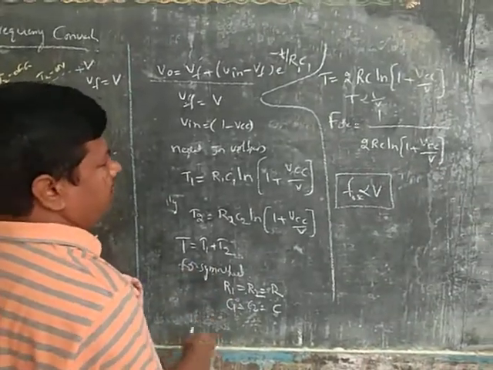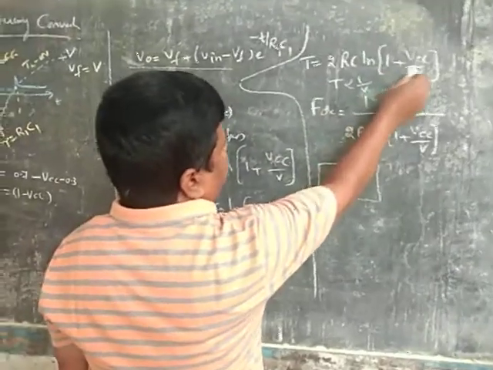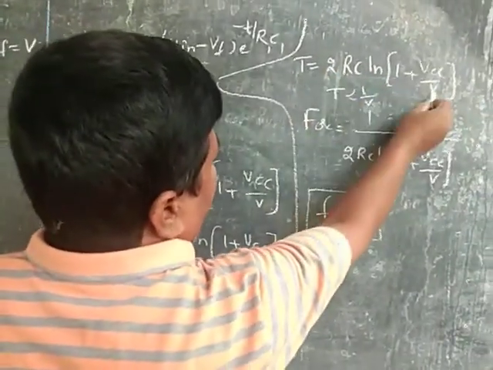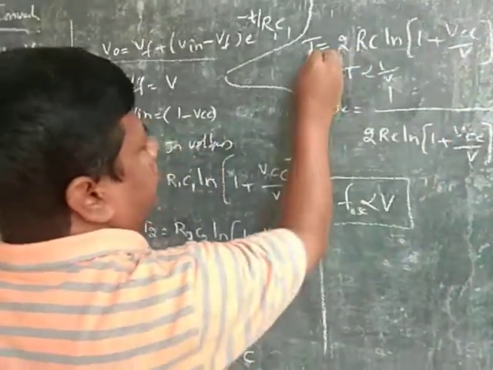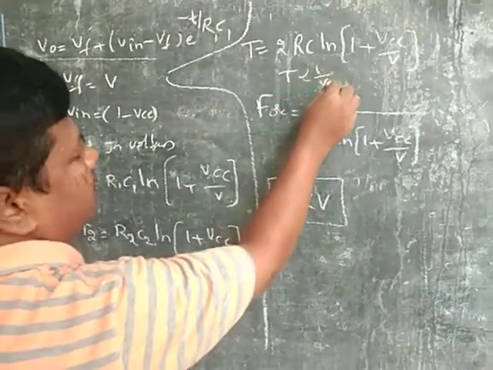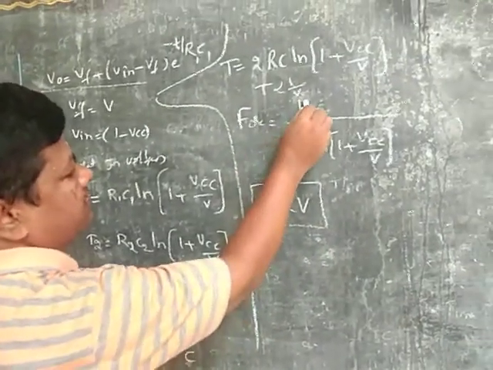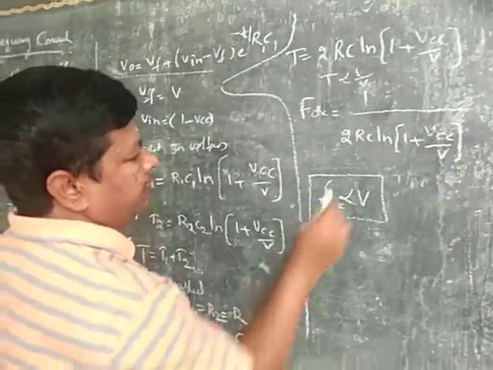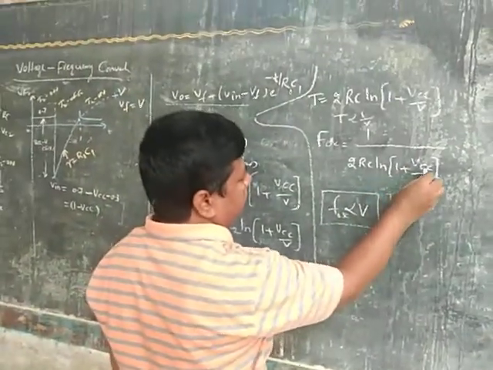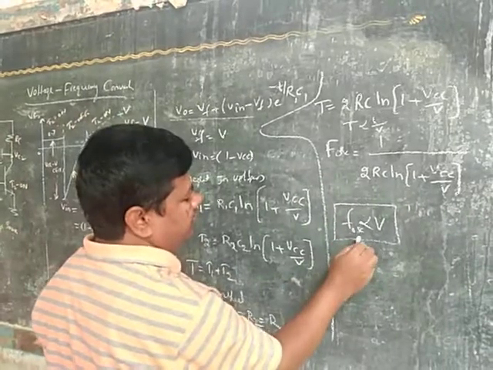For a symmetrical square wave, the time period is equal to 2 RC ln of 1 plus VCC by V. The relation between the auxiliary voltage source V and the time period is inversely proportional. The frequency of oscillation is equal to 1 by the time period, where the time period is 2 RC ln of 1 plus VCC by V. And the relation between V and F is directly proportional.